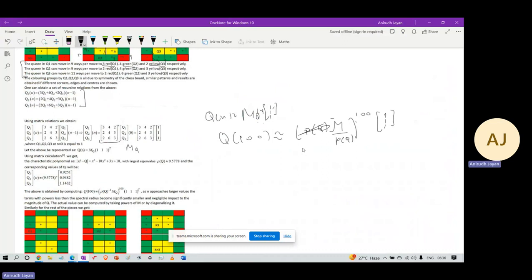One can make this generalization, times the spectral radius of the matrix.